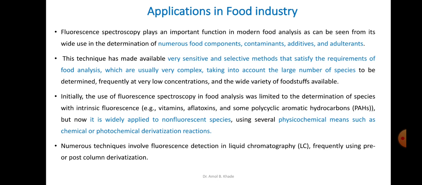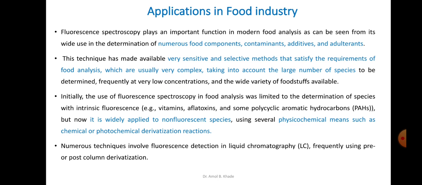In the presence of all other contaminants or components, we need a method which selectively identifies and quantifies a particular analyte. This can be done with the help of fluorescence spectroscopy, taking chromatography for the separation. We can very frequently determine the concentration of contaminants, additives or adulterants at very low concentration in the wide varieties of foodstuffs available in the market.